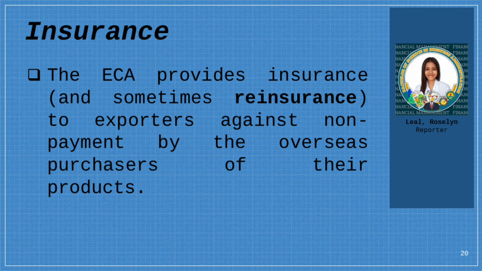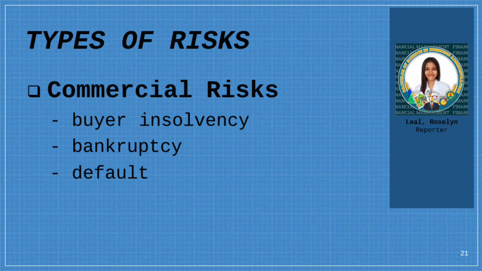Insurance. The ECA provides insurance and sometimes reinsurance to exporters against non-payment by the overseas purchasers of their products. An ECA may also provide political risk insurance to companies based in its jurisdiction investing overseas. Next, types of risks.